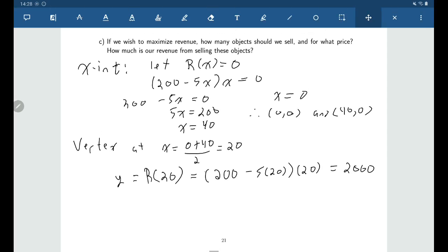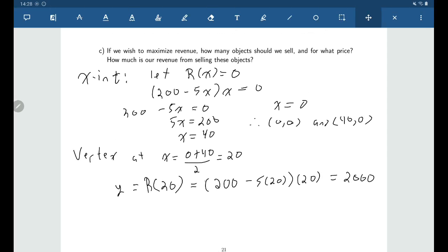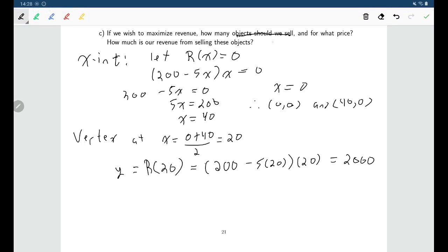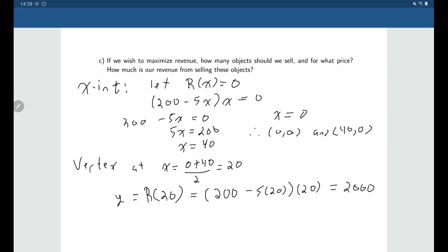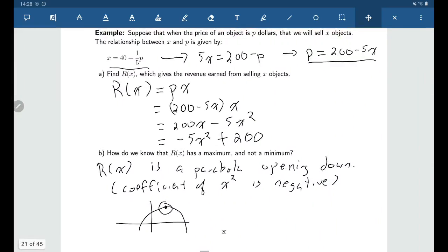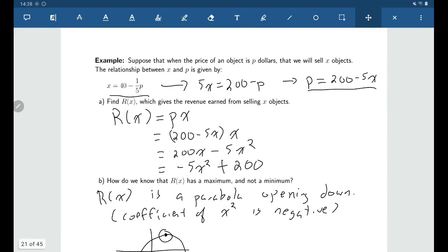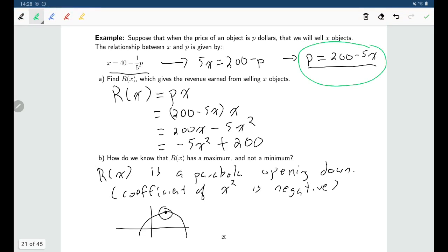So a couple of things that we found out. Number one, we know how many objects we should sell. That's what x represents. We also know what our revenue is. That's r of x. The other thing that we need to know is the price, and that is P. If we wanted to know what P is, we can go back and use the demand equation that makes the relationship between P and x. The relationship is P is equal to 200 minus 5x.